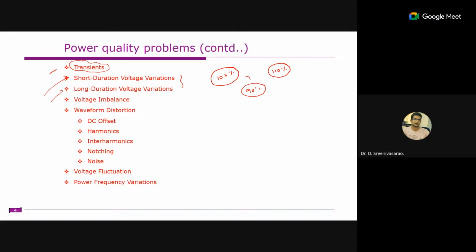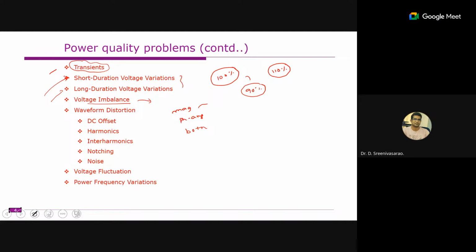Next is voltage imbalance or voltage unbalance. Voltage unbalance is the deviation in the magnitudes and phase angle differences. This unbalance may be of two types: magnitude unbalance and phase angle unbalance, and a combination of both. In a three-phase system, we expect the magnitudes to be the same.